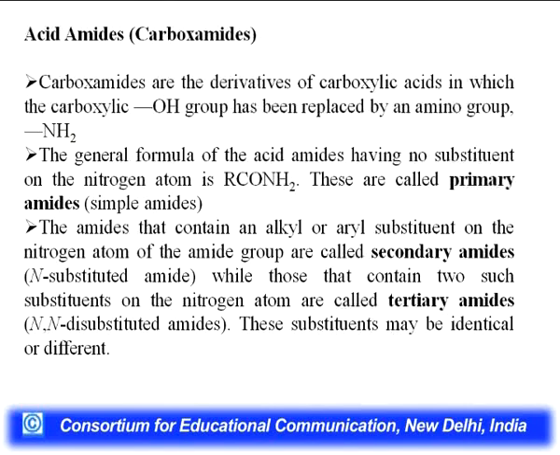The amides that contain an alkyl or aryl substituent on the nitrogen atom of the amide group are called secondary amides, or we can also say N-substituted amides, while those that contain two substituents on the nitrogen atom are called tertiary amides, that is N,N-disubstituted amides. These substituents may be identical or different.